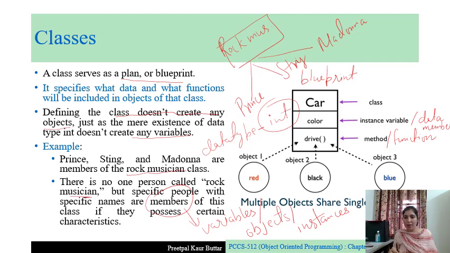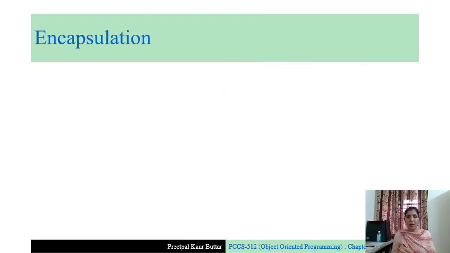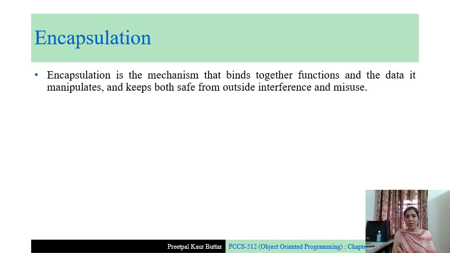Red, blue and black. So now we move on to our next characteristic of object-oriented programming, that is encapsulation. Encapsulation is the mechanism that binds together functions and the data the functions manipulate. It also keeps both of them safe from outside interference and misuse.